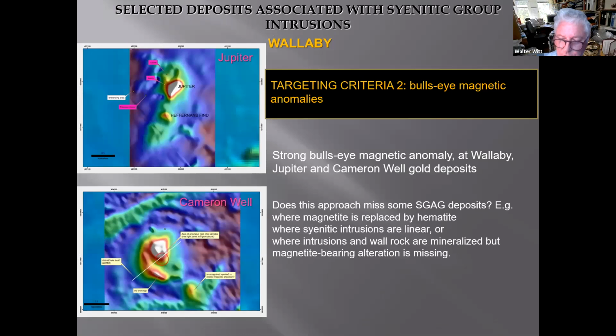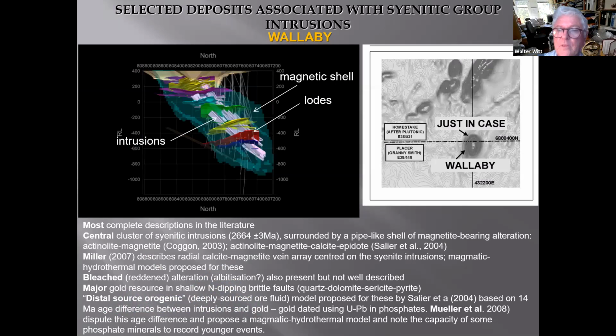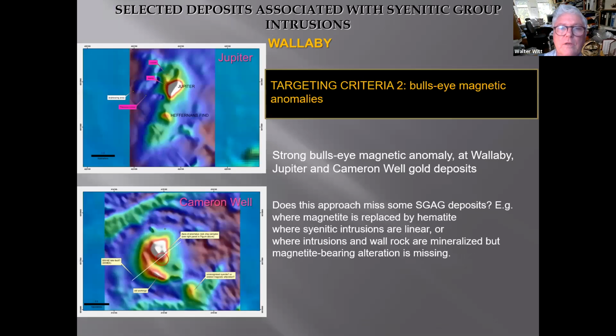That bullseye anomaly is iconic in terms of Wallaby. It's a very stark exploration target, and other syenite-associated gold deposits in the Laverton terrane, such as Jupiter and Cameron Well, have similar strong bullseye anomalies. So that would be targeting criteria number 2.